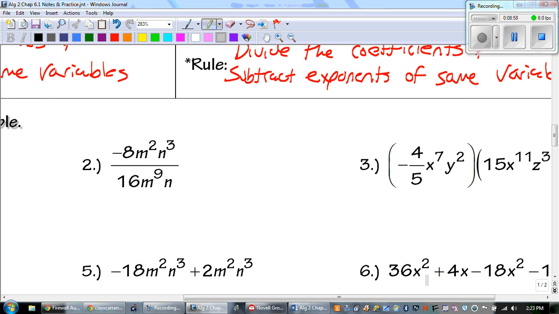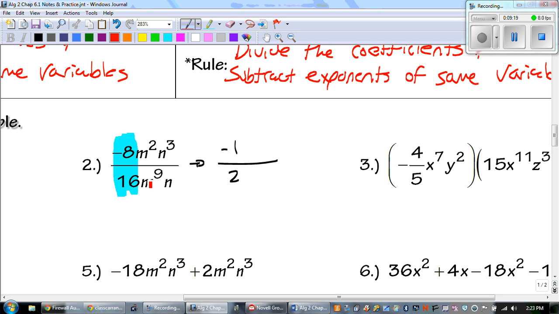All right, number 2. Number 2, we're dividing. So with division, we need to divide the coefficients. That's -18 divided by 16. No, it's not -2, guys. It's -9/8 reduced.